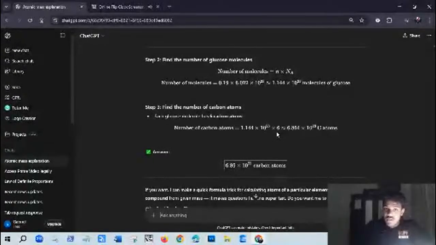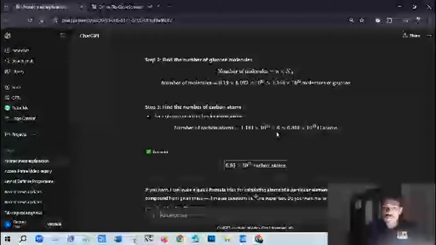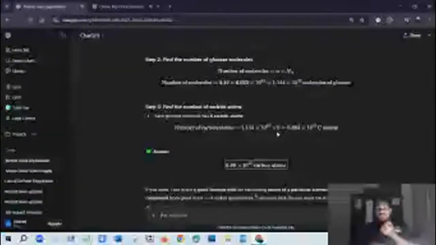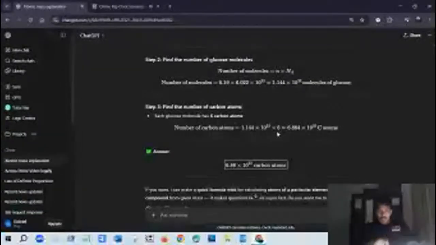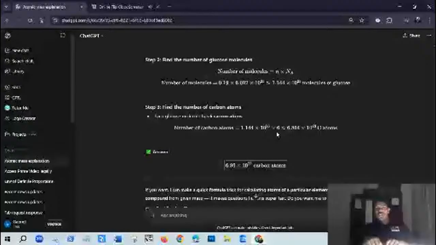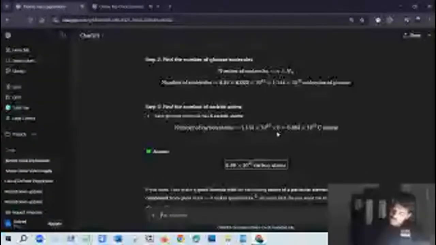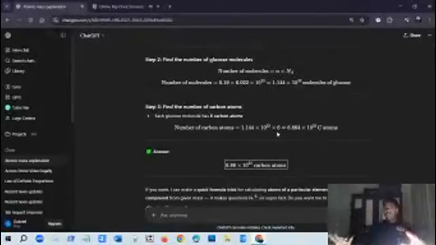Now you multiply this. We found the number of moles and the number of glucose molecules.